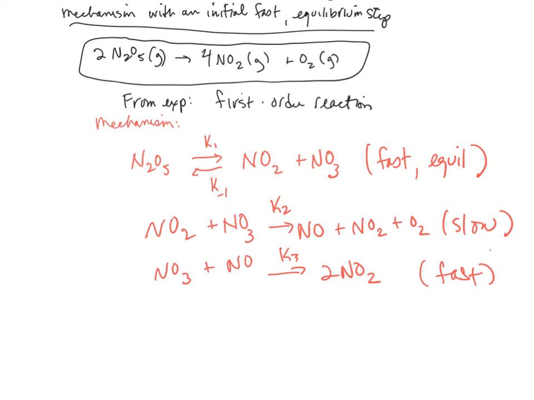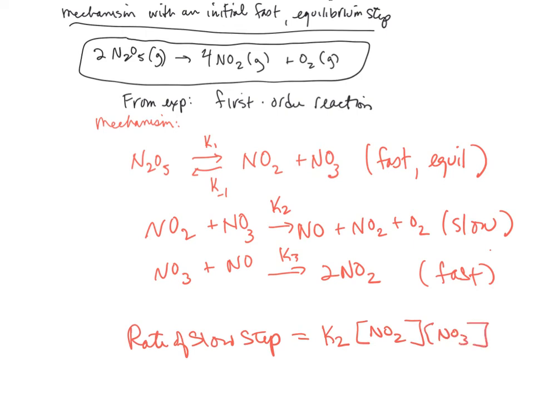Okay, so then we could perhaps think that the rate of the slow step is the rate of the overall reaction, and so we could say rate of the slow step will be equal to K2 times NO2 times NO3.